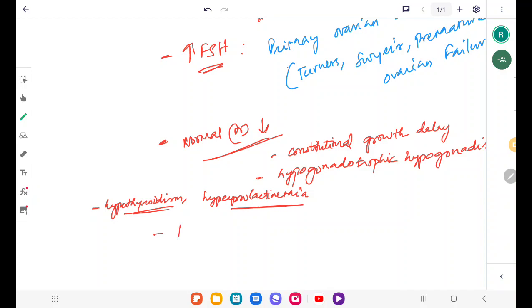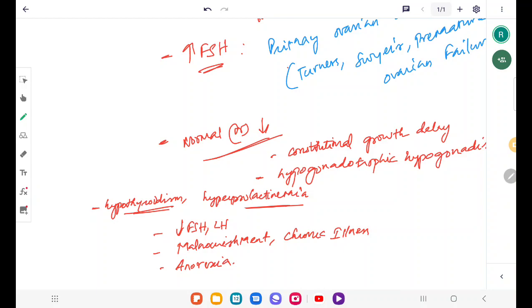So in that situation, there would be decreased secretion of follicle stimulating hormone and luteinizing hormone, and it could also be malnourishment. It could indicate chronic illness and anorexia.